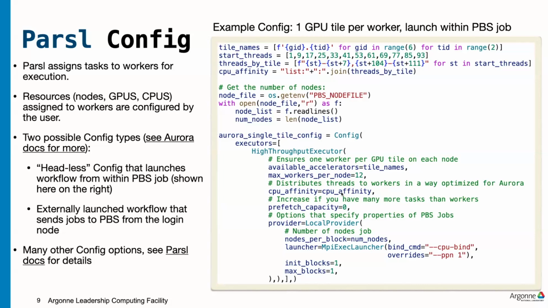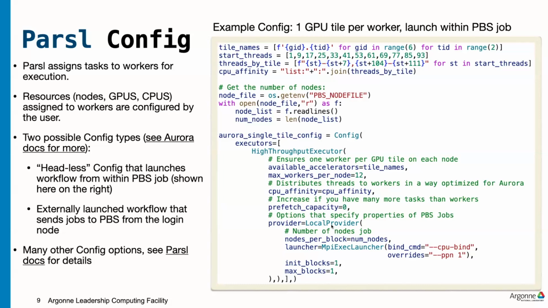Then you need to give it a way to provide nodes. In this particular config, we are assuming that we are launching Parcel's workflow from within the job, so all of the nodes assigned to the job should just be available. In this case, we use the local provider.